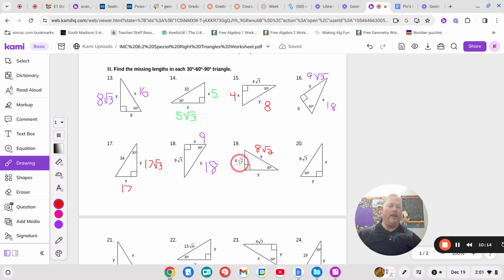So because I've already got a square root, and I'm going to multiply by another square root, that's going to end up being 4 square root of 2 times square root of 3. Because both of those numbers are underneath the square root, I can multiply those and get square root of 6. And it's the 4 that doesn't change.